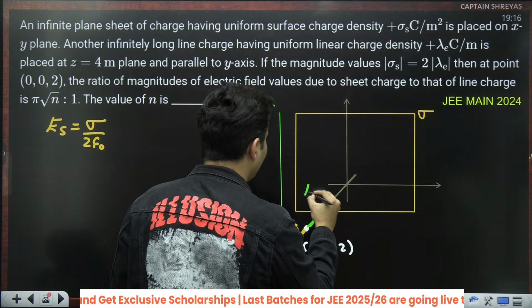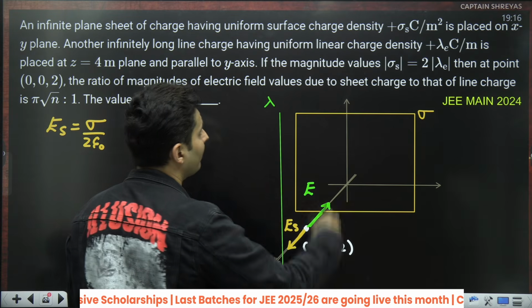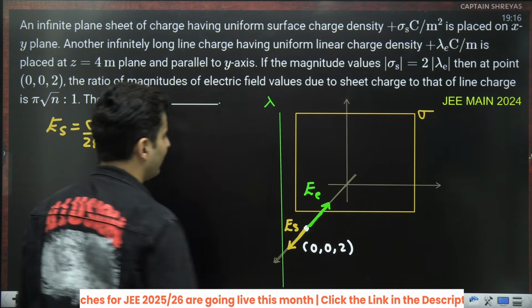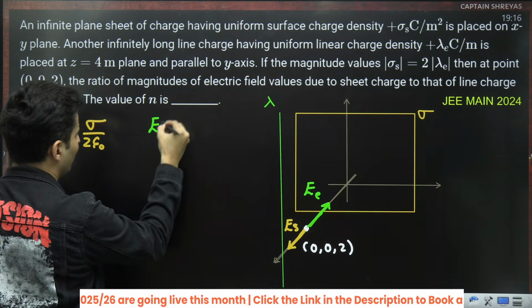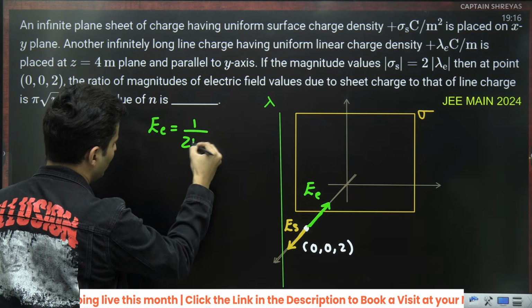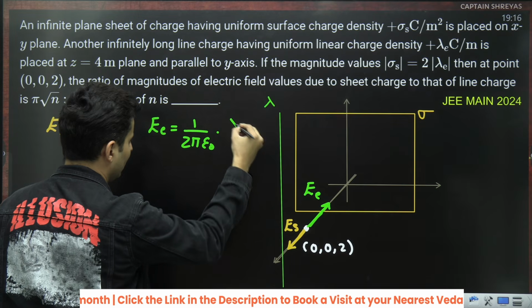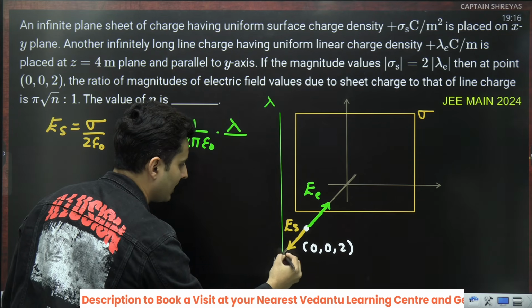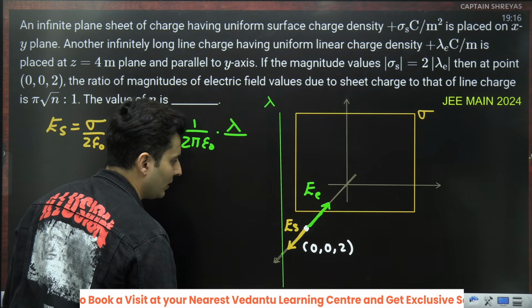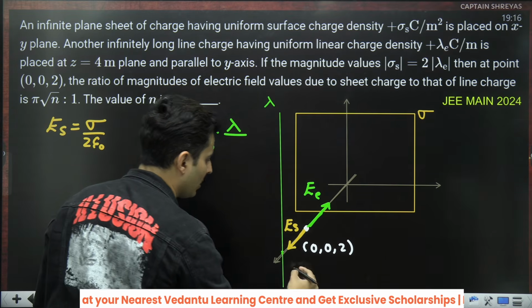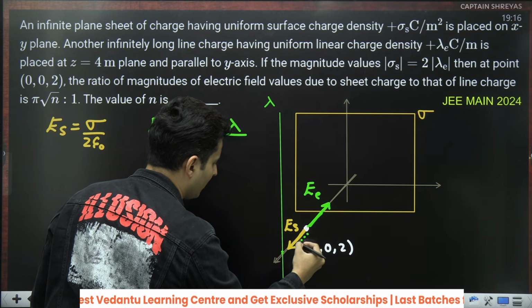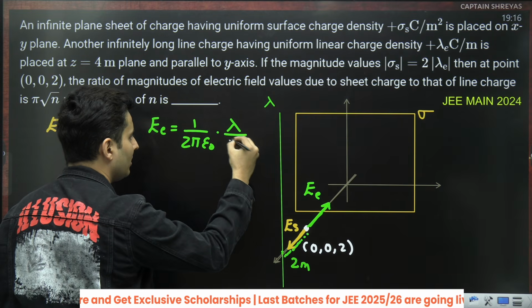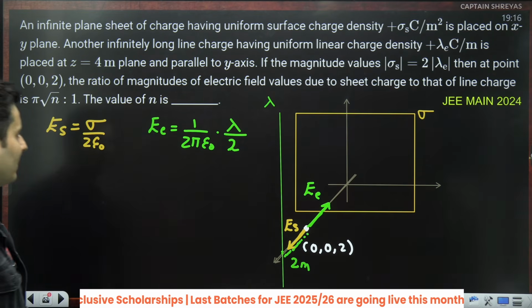The electric field due to the infinitely long wire is given by 1 by 2 pi epsilon naught times lambda divided by the distance. This is z equal to 4, this is z equal to 2. So how much is the distance from here to here? It is going to be 2 meters. So it is just going to be the number 2 over here.